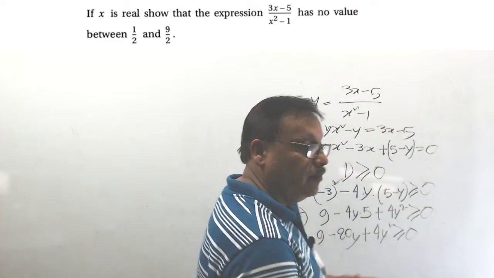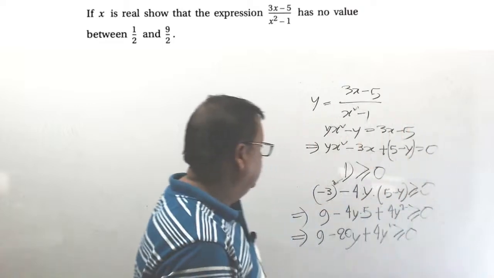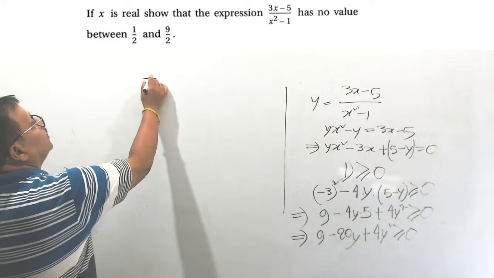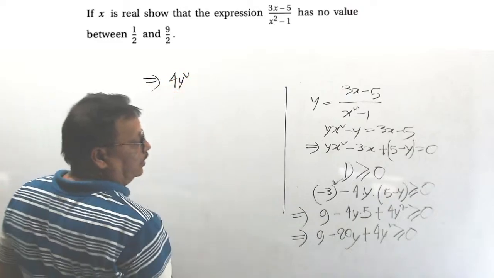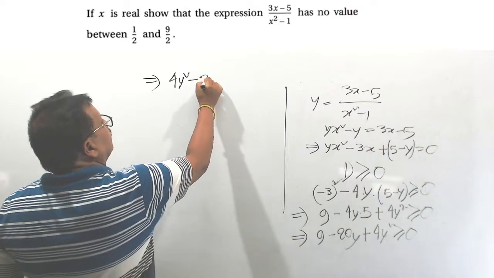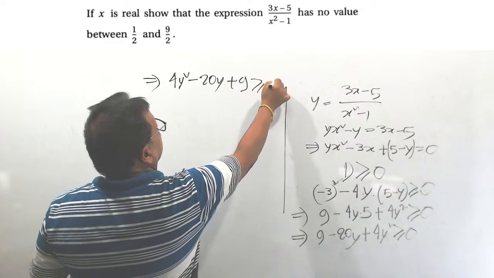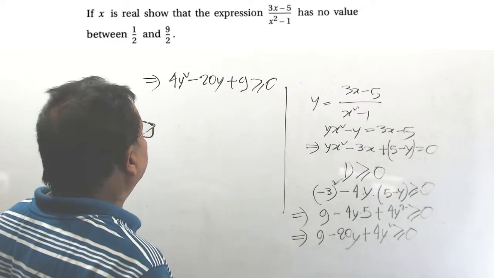Understood? Now here, this implies 4y square minus 20y plus 9 greater than or equal to 0. Understood?